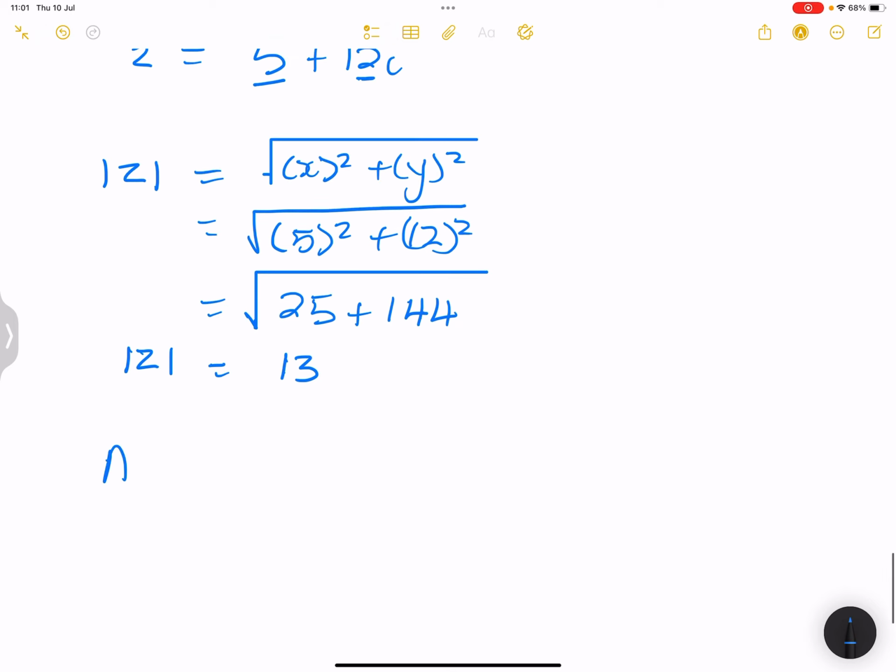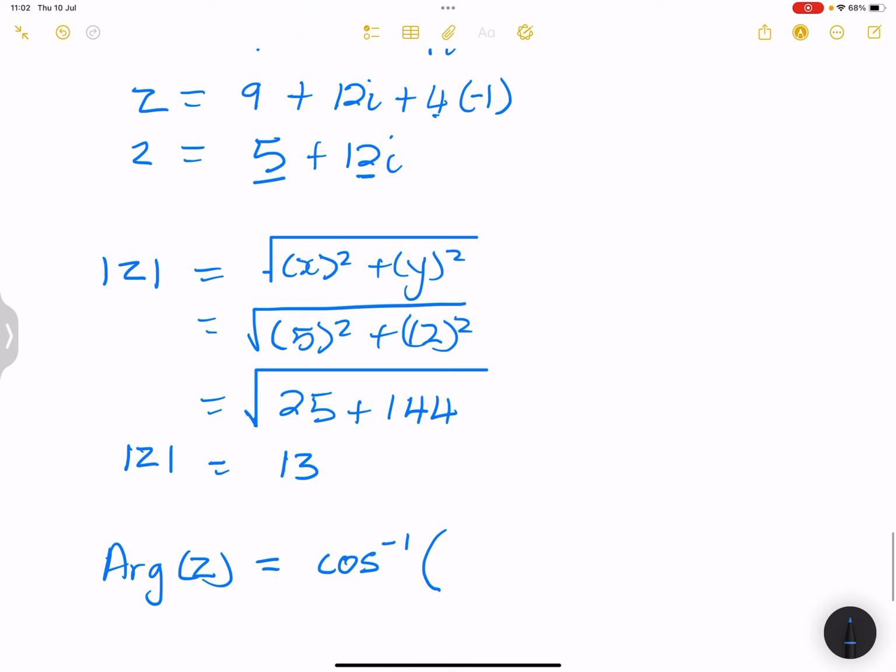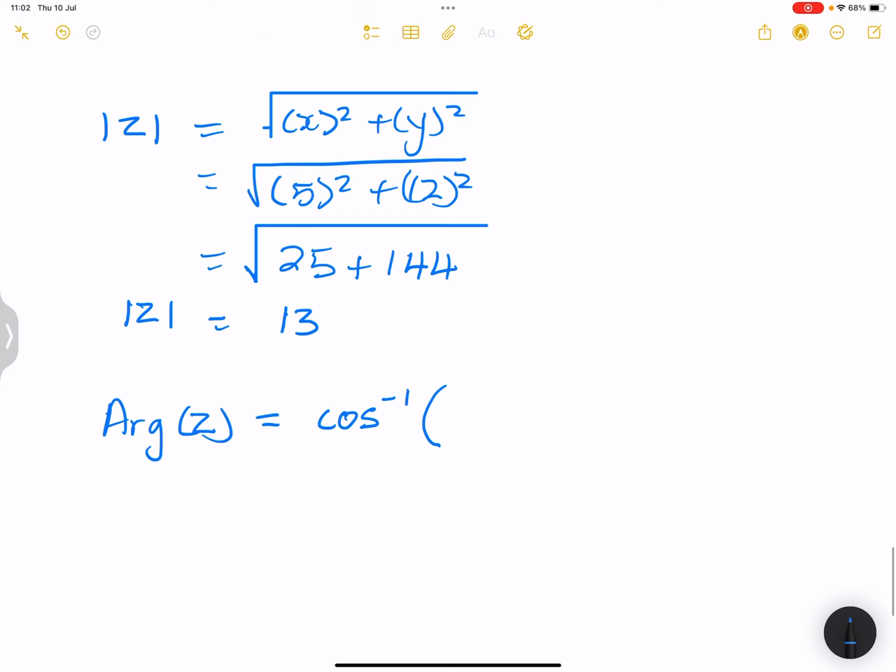For the argument, I did say we can use something different. Let's take the cosine. We haven't used cosine yet. So you'll say the arccosine of, now remember, when we talk about the cosine, that's x over r. So what is our x value?